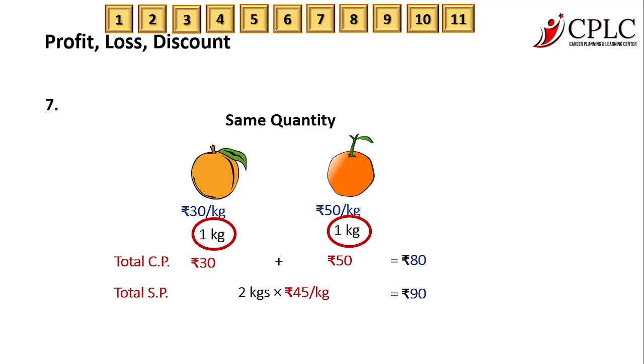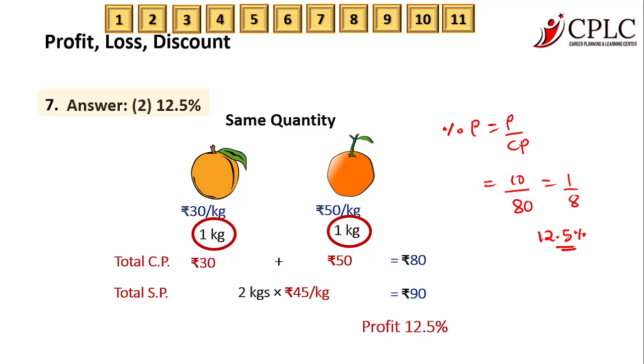So clearly there is a profit of 10 rupees. But they are asking in percentage terms. Percentage profit, the formula is profit upon CP. Profit is 10, CP is 80. It becomes 1 by 8. 1 by 8 is 12.5%, which is answer option 2 for this particular question.